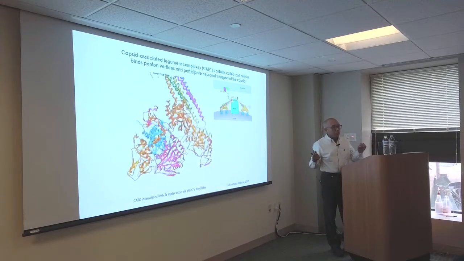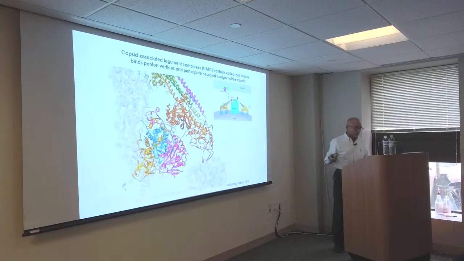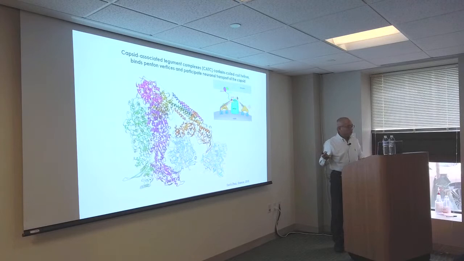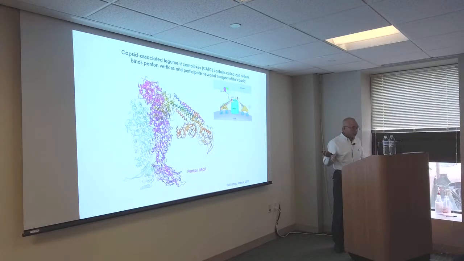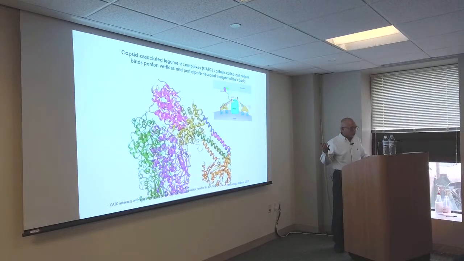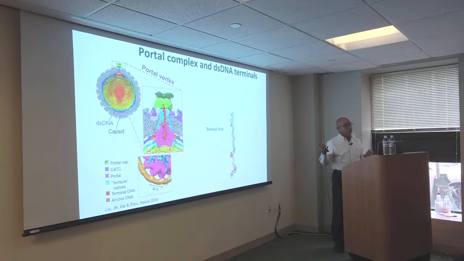So the virus interacts with the cellular microtubule, the cytoskeleton, the cellular highways, to enable this transport. Basically, those are the protein structures that we were able to discover through this process.